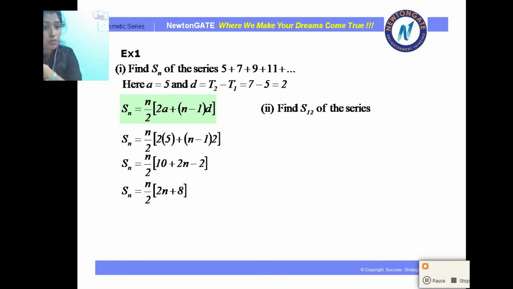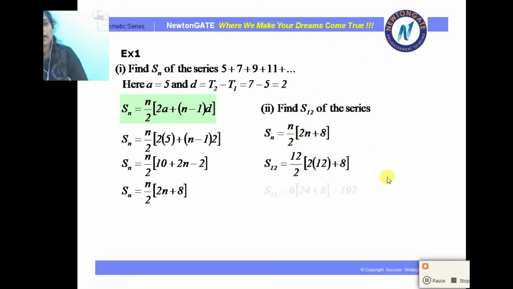We use this formula only when we are calculating the series from the beginning. So we put in 12 instead of n, and that gives us the sum of 192, which is the sum of the 12 terms.